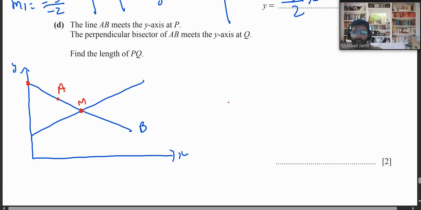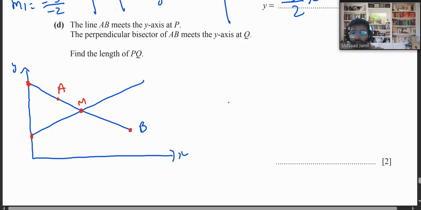AB meets the y-axis at P. This is P, 0 comma y, because at the y-axis the value of x is 0, and this is Q. The coordinates for P are 0, y.